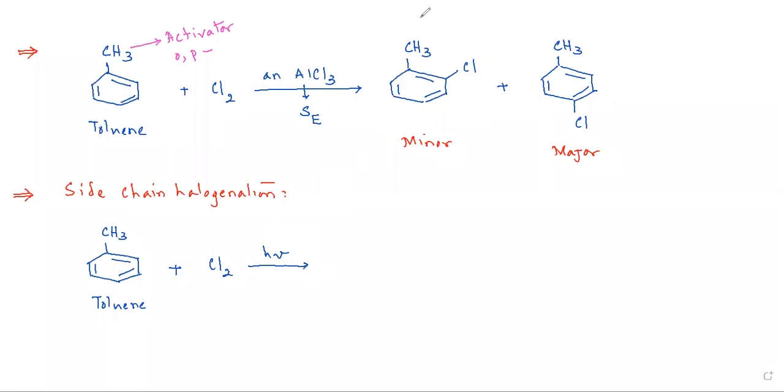You know, this side chain halogenation is a free radical substitution reaction. It can be carried out using different reagents like chlorine in the presence of sunlight. You can use sulfuryl chloride either in the presence of sunlight or traces of peroxide. You got NBS, you got NCS.